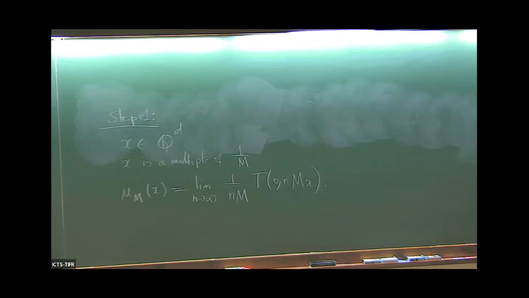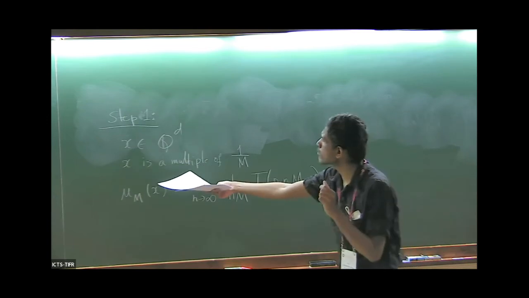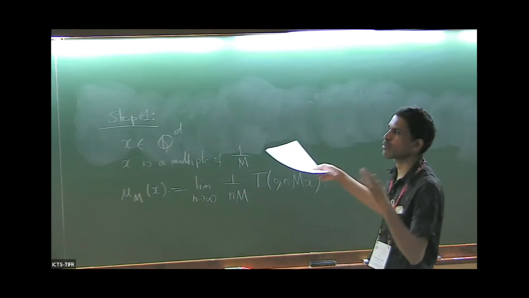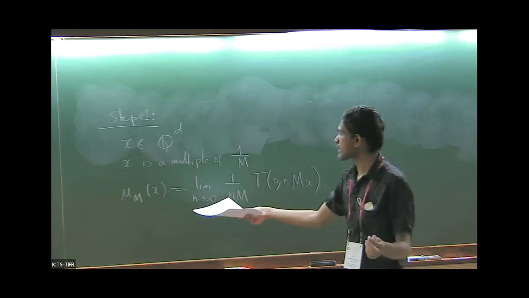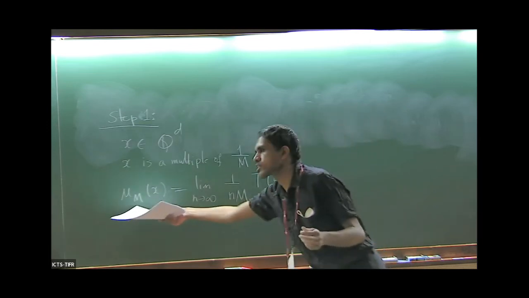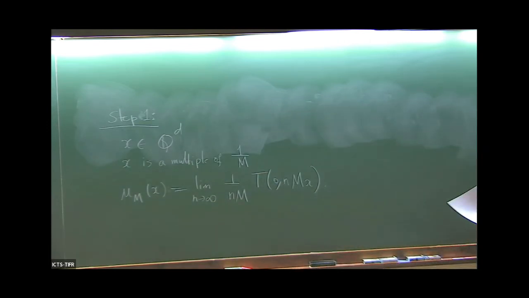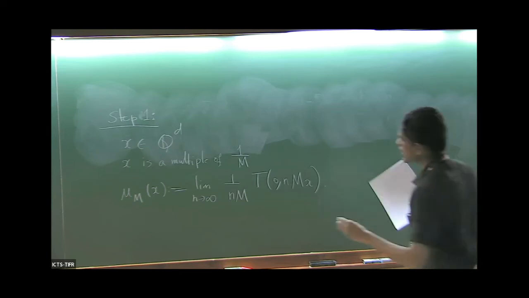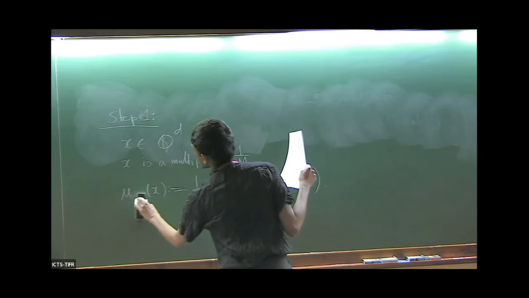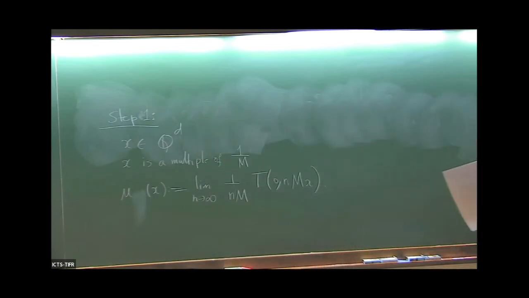The next observation is that it's easy to see that if x is both a multiple of 1 over m and 1 over m prime, then this definition is independent of the choice of m or m prime. I'm not going to prove that, but it's easy to see. So essentially we can erase the subscript m.